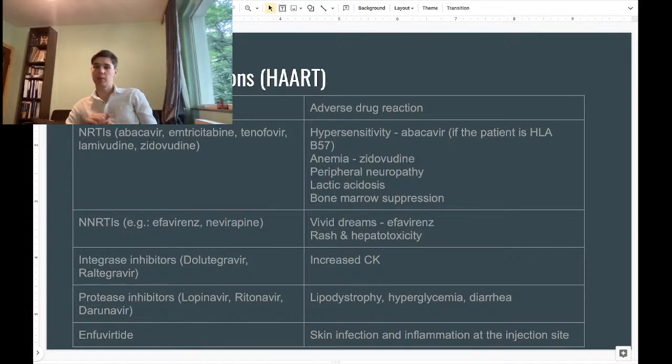Hypersensitivity is seen with abacavir only if the patient has HLA-B57. On the other hand, zidovudine can cause anemia. Peripheral neuropathy and lactic acidosis, as well as bone marrow suppression, are typical for all NRTIs.